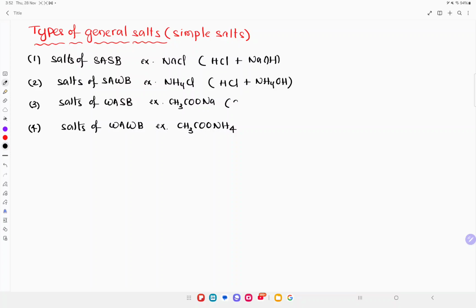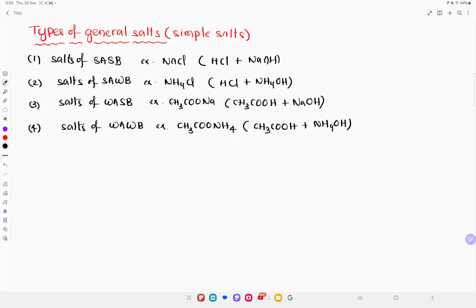Sodium acetate is made up of weak acid acetic acid and strong base NaOH. Ammonium acetate is made up of weak acid acetic acid and weak base ammonium hydroxide. Just given one example, there are many salts for each.